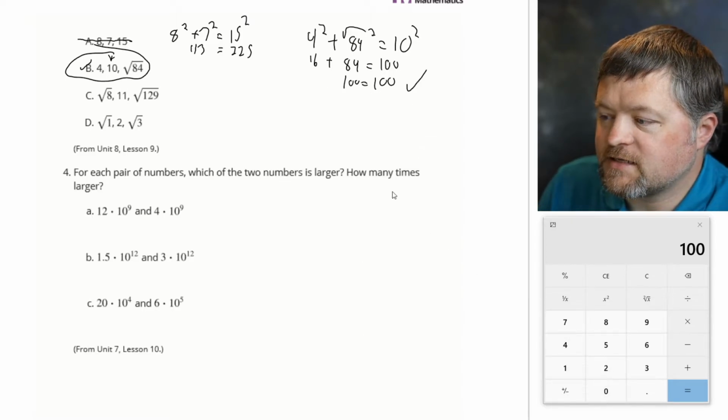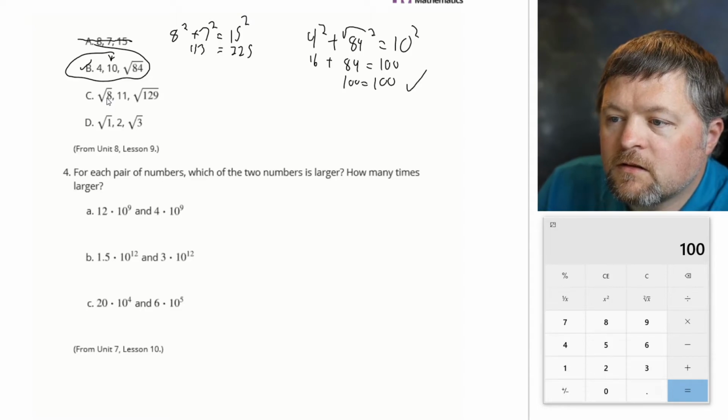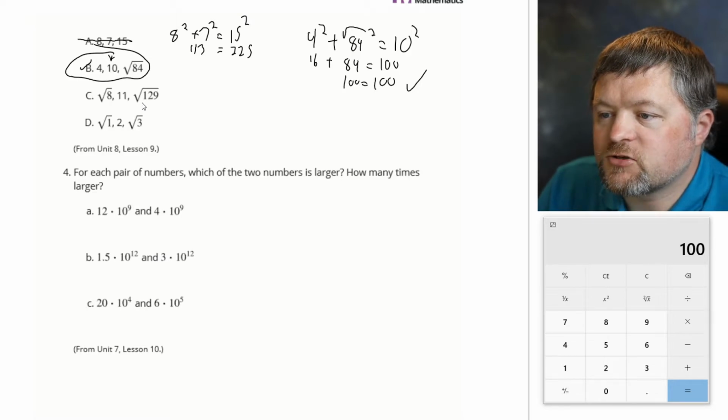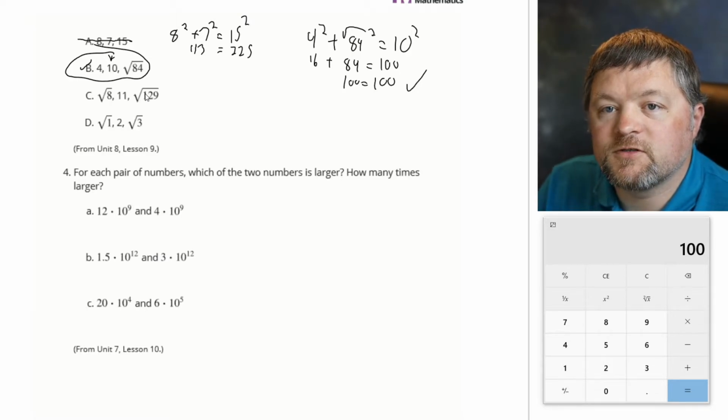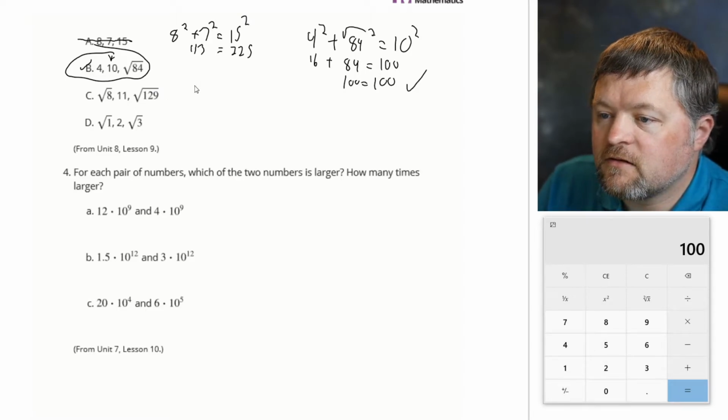Okay, now let's check C. Square root of 8, 11, and the square root of 129. Which one of those is our hypotenuse? Well, the square root of 121 is 11. So this is larger than that. So this is our longest side.